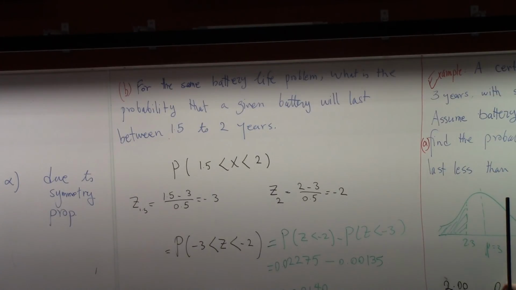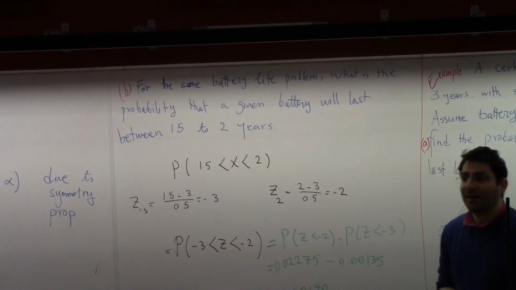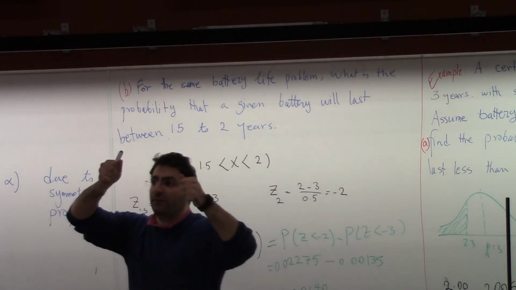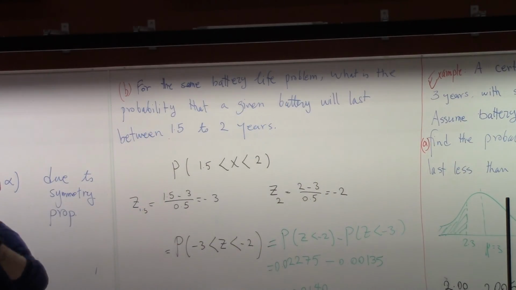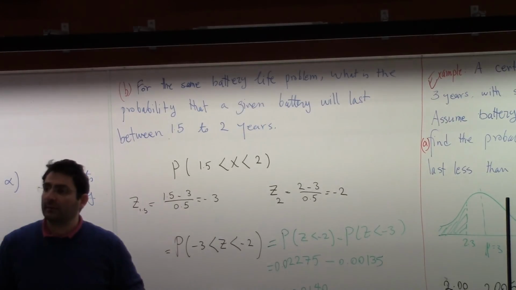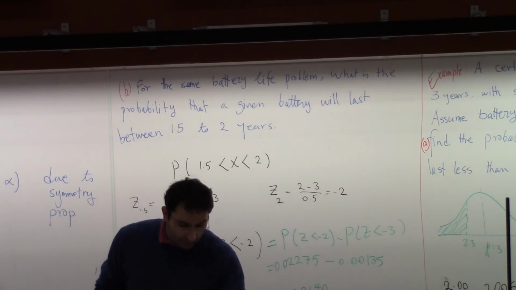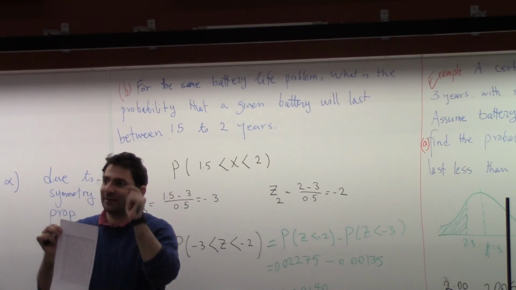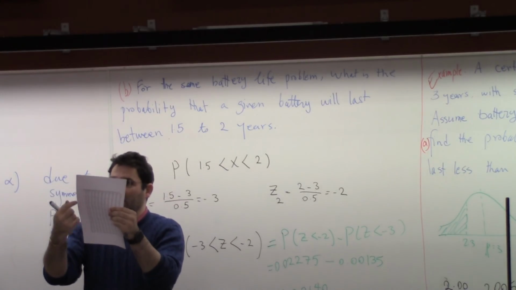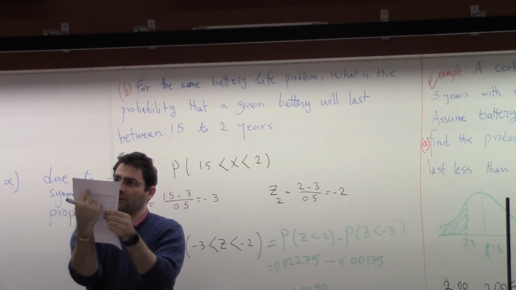If you want to find 2.005, you can't with this table. You have to either look at this or look at this, you decide. But there are some other tables which have higher precision, maybe 4 digits after the decimal point, 5 digits after the decimal point. So the columns here are for the second digit after the decimal point. The first one is given in here, and for the second one you look at it here.